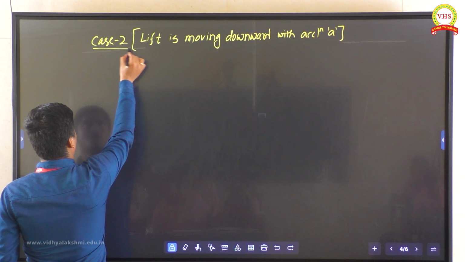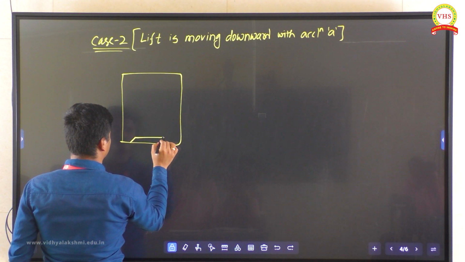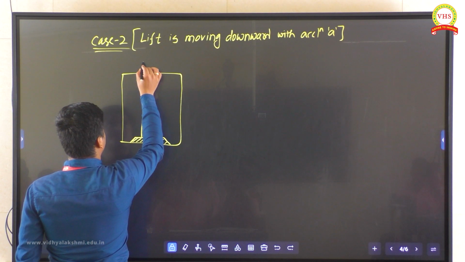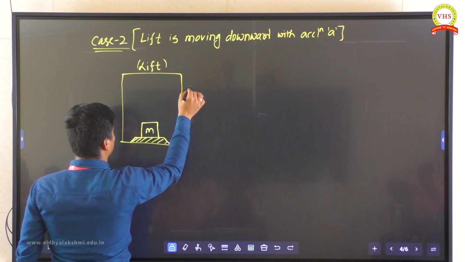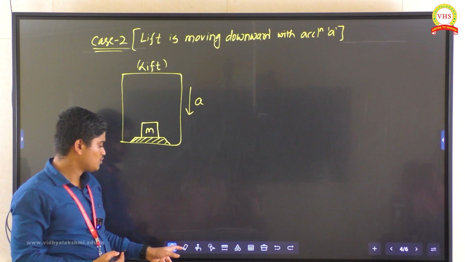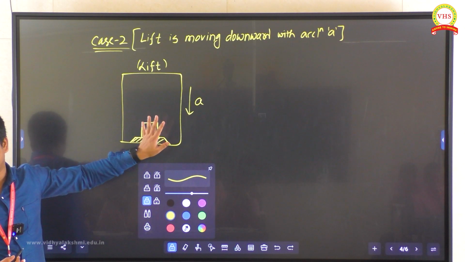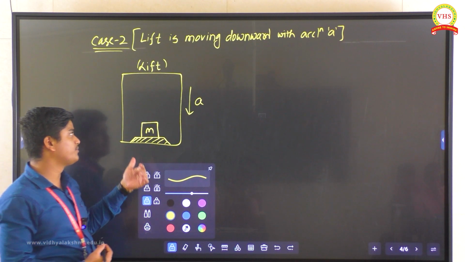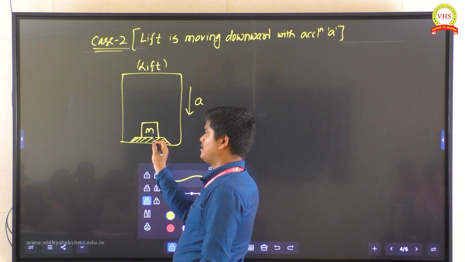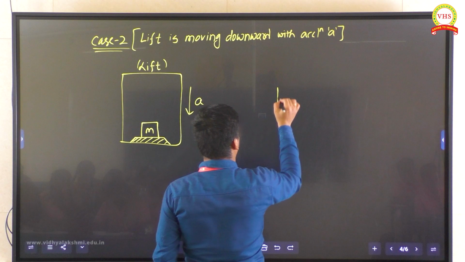Now listen here. I consider one object inside a lift, and this lift is moving downward with acceleration a. If you want to find the normal reaction between m and the floor, or the reading of the weight machine, you have to draw the free body diagram.